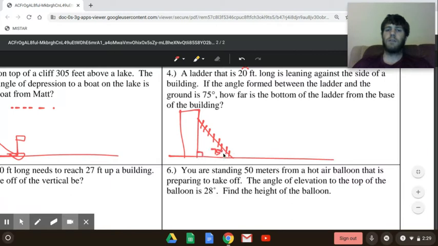There's your right angle, there's 75 degrees, the angle formed by the ladder and the ground. How far is the bottom of the ladder from the base of the building? That's going to be X. We know the ladder is 20 feet long, so there's our right triangle. We have a hypotenuse that's 20 and an adjacent side that is X, which we're trying to solve for.